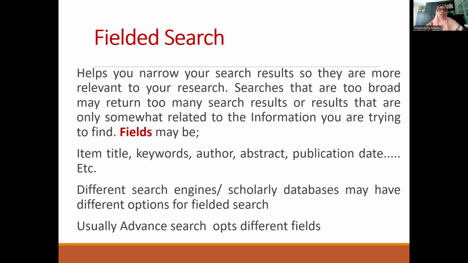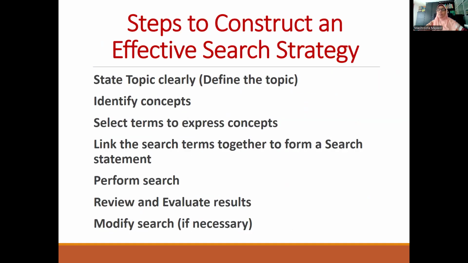Okay. So before that, before learning about Boolean operators, we have to understand the steps we have to follow to construct a very good search strategy. First, we have to state our topic clearly.